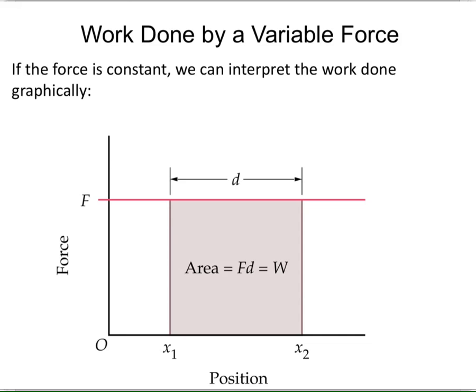So first, let's analyze the work done by a constant force on a force versus position graph. If you have an object and a constant force is applied for some distance, this red line shows the constant force and the horizontal axis is the position of the object.